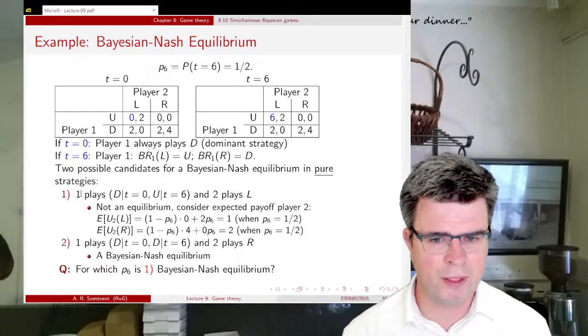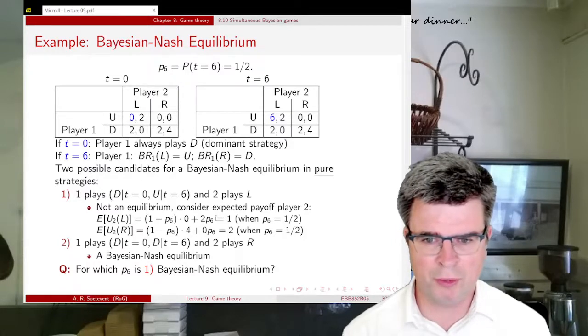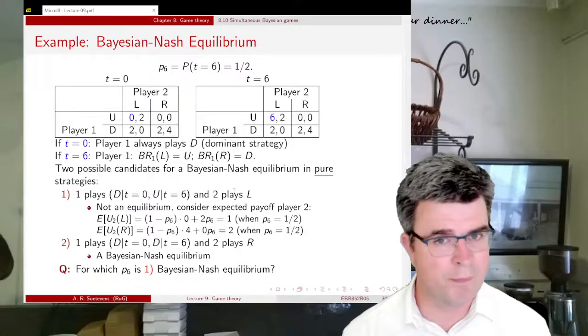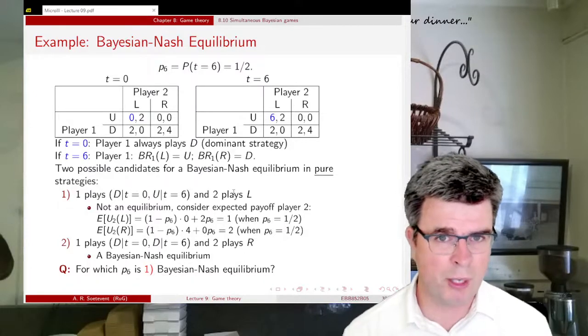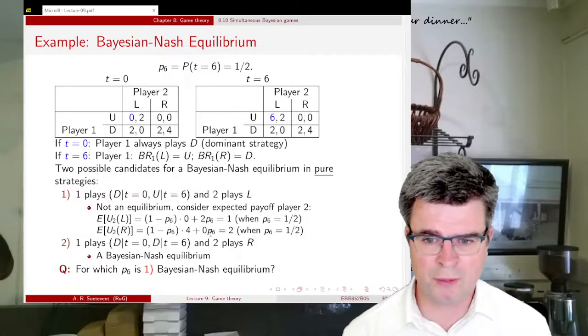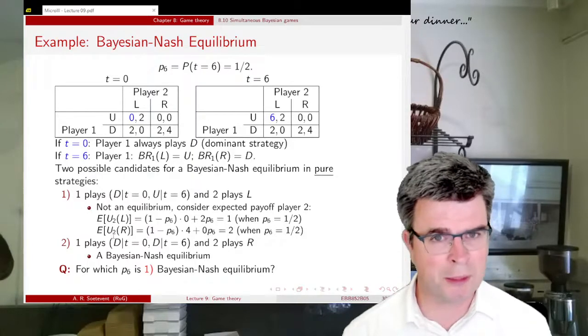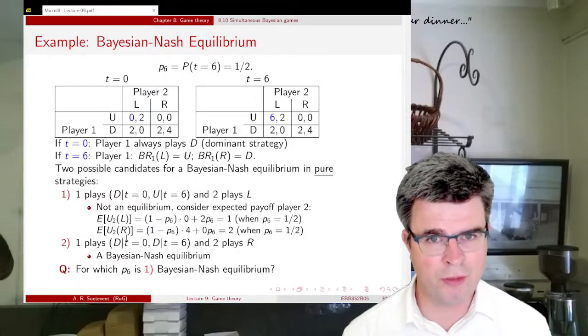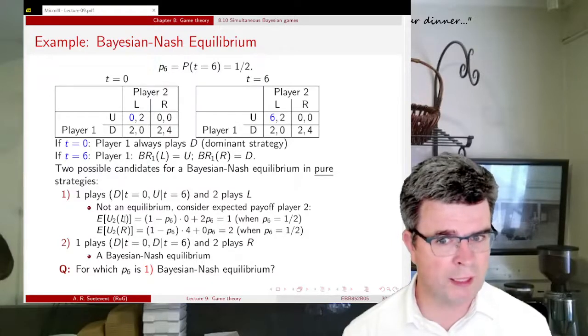And you know that in order for this one to be a Bayesian Nash equilibrium, so why did it fail to be a Bayesian Nash equilibrium for P equal to 1/2? Well, the reason was that at P equal to 1/2, the expected payoff of a deviation for player 2 exceeded the payoff of sticking to the agreement.